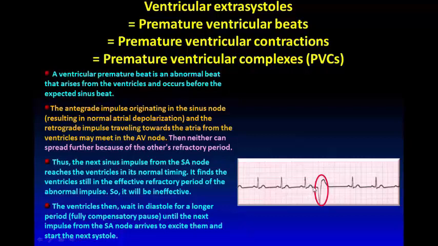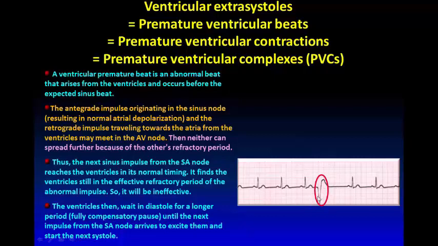Now, after the T wave, after the ventricles finish with repolarization, they begin with diastole, and while the ventricles are in diastole and waiting for a normal sinus impulse, it happens that a hyperexcitable focus in one of the ventricles initiates an abnormal impulse which causes ventricular depolarization, resulting in a premature ventricular complex or a premature ventricular beat.